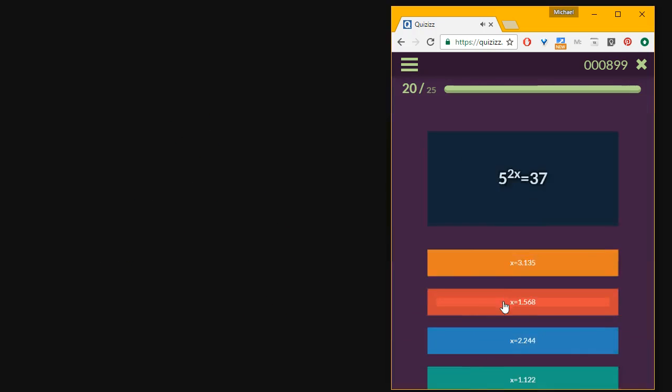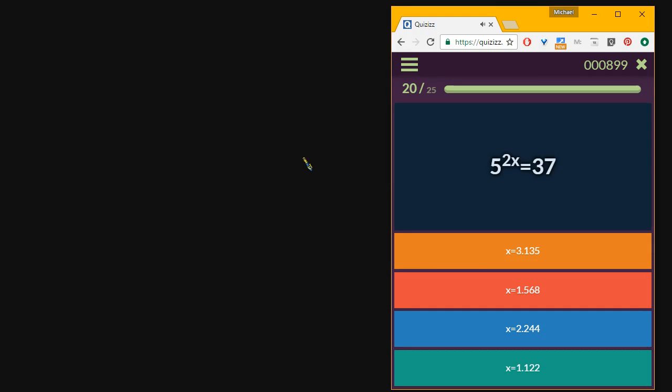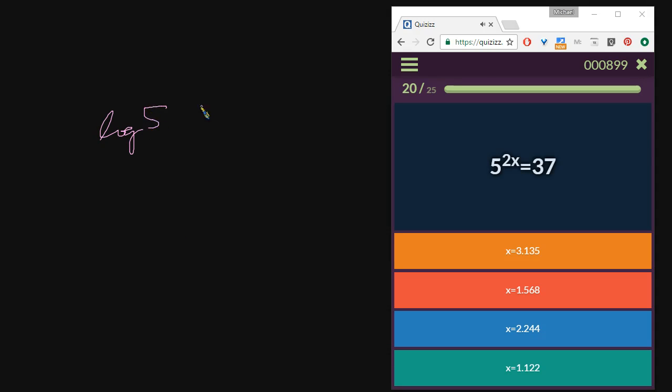All right, let's keep it going. Okay, next. All right, so we could again do the Weingarten World, or we could do this new technique that I'm just showing you. We could go ahead and do log of 5 to the power of 2x equals log of 37, and then we get, this will be 2x.